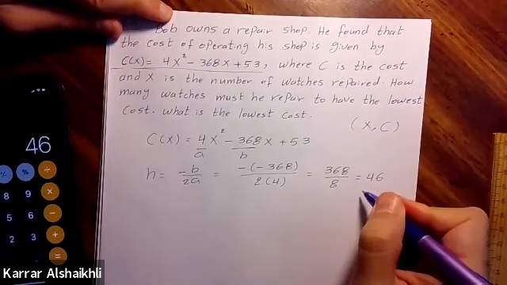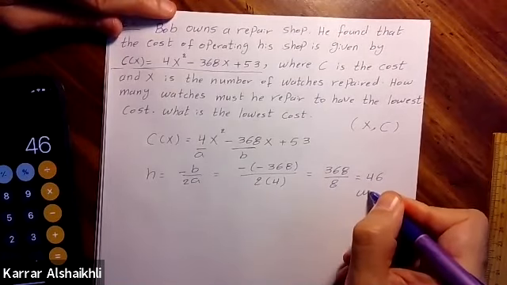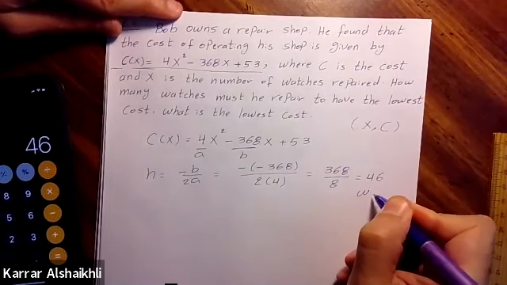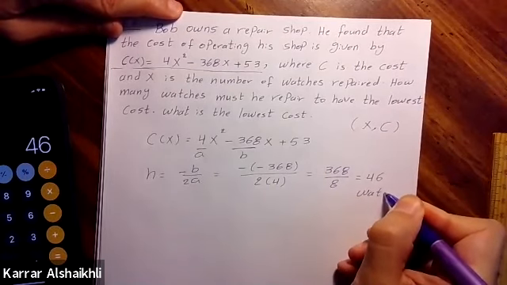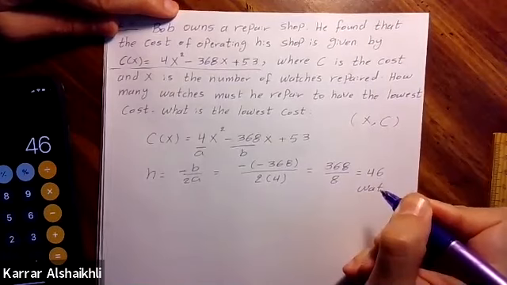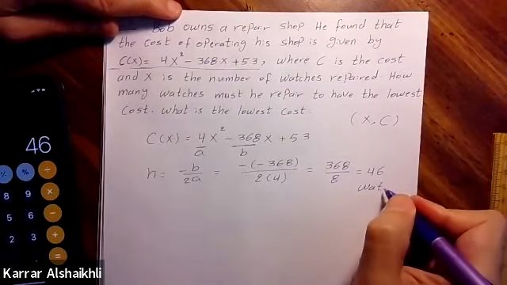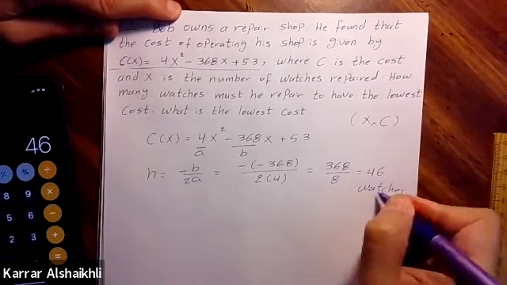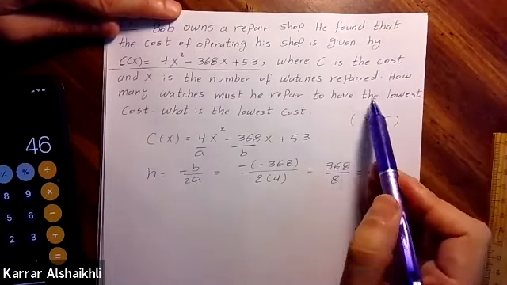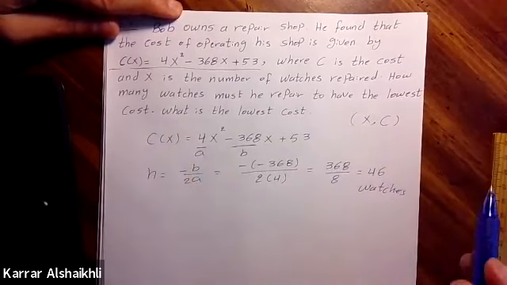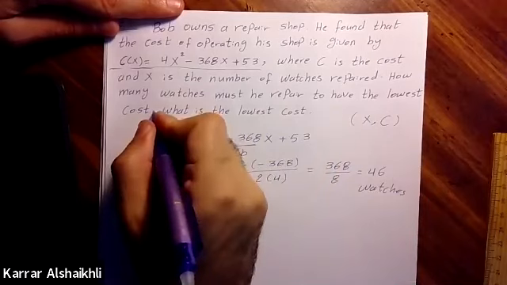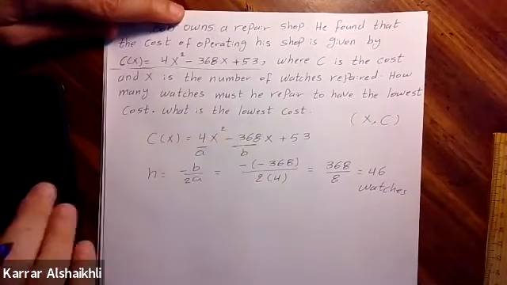That means he needs to repair 46 watches to get the lowest cost. Now there's another part: what is the lowest cost?